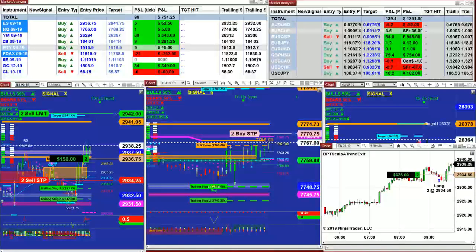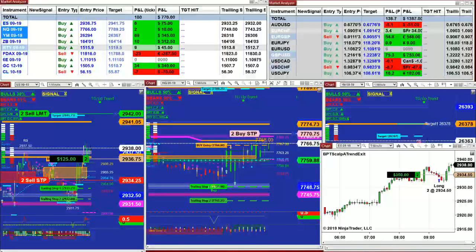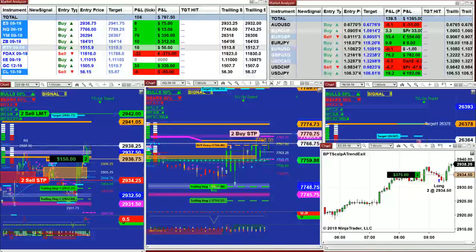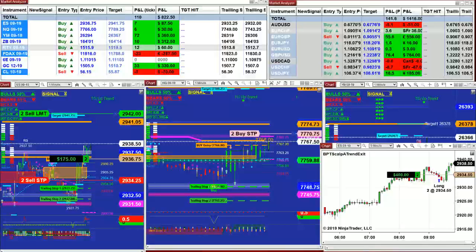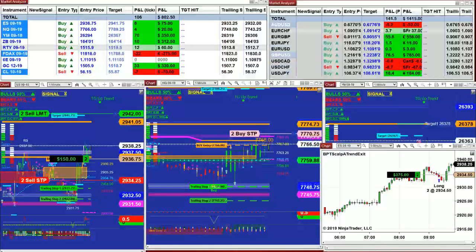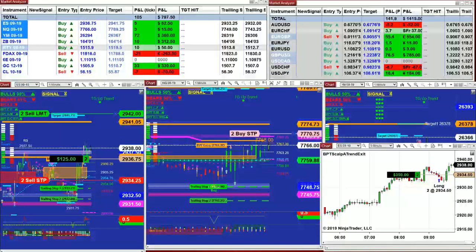It is very important for that NASDAQ to cross the 7768 and 7770. YM target hit, but we were not interested in that one.